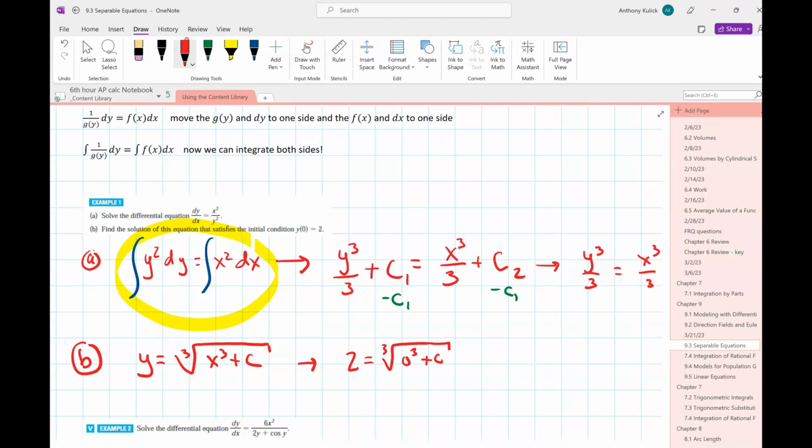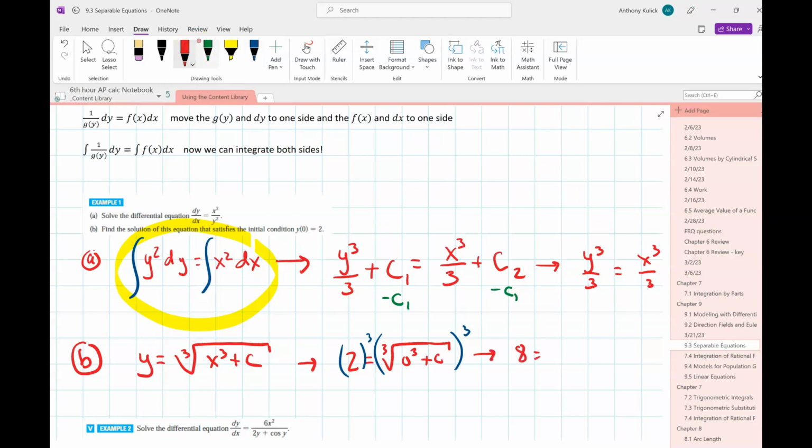Yes, sir? So it doesn't make a difference if it's like 3c or 4c. Correct. Because a constant times a constant is just a constant, right? We're just going to call it c, and whatever you do to it, it just stays c. So to get the c by itself, we'll cube both sides.